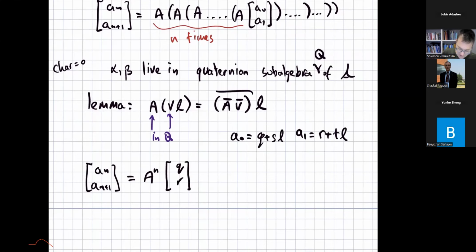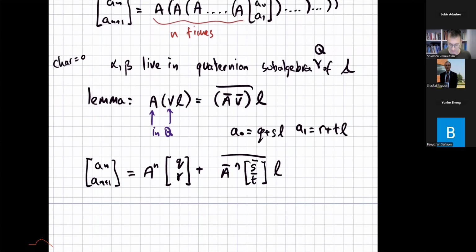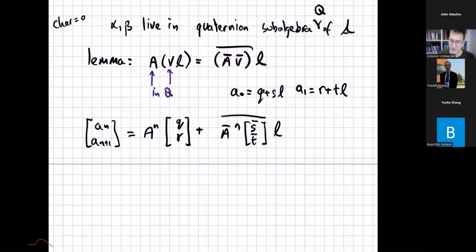And I'll be done in just a second. I'm sorry for running overtime. In this case, we can split it basically into two products. Each one of them is working over the quaternions, so we have associativity here, and now we have these powers of matrices. Basically now we want to compute these powers.